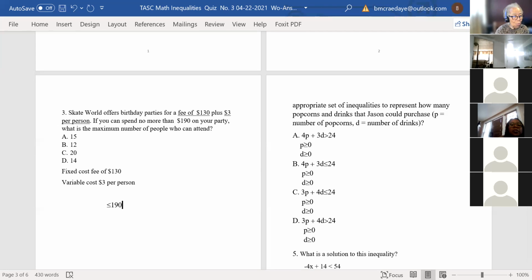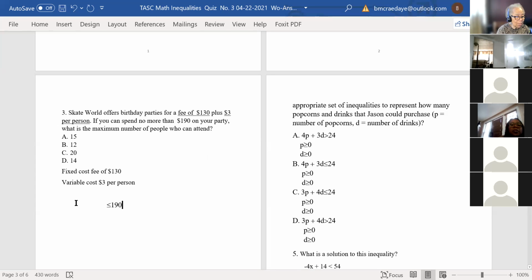Alba, what should go on the left side? What must be less than or equal to 190? Remember I said that you've got a fixed cost and a variable cost, so you have to add those together. So tell me what goes on the left. What do you put here to add together? The 130.